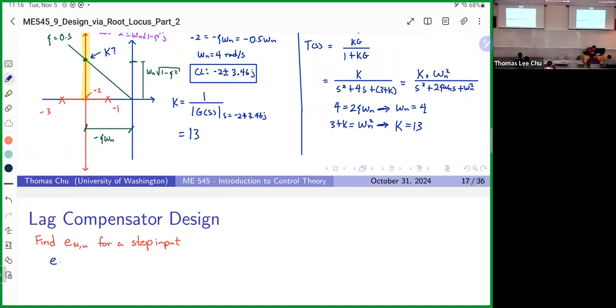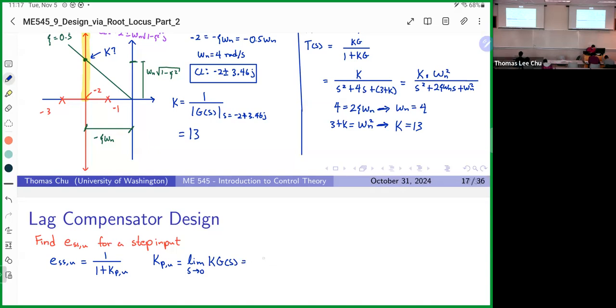So ESSU is going to be equal to 1 over 1 plus KPU for the uncompensated system, where KPU is equal to the limit as S goes to 0 of K times G of S, where K is equal to 13 from what we found earlier.